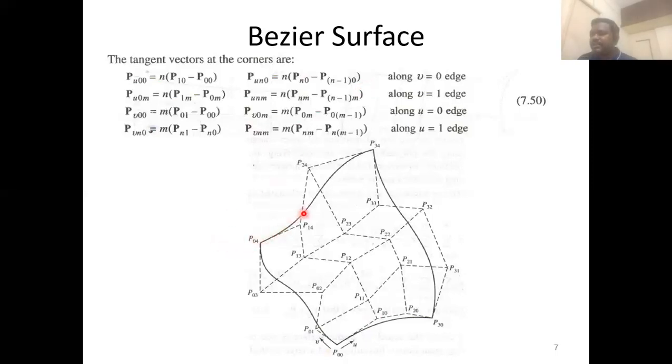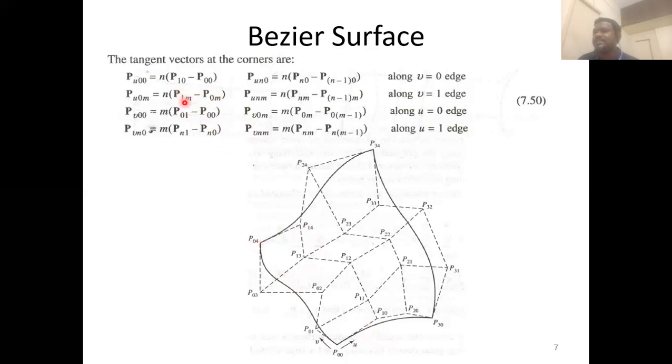Similarly, for this particular edge where V is equal to 1, what happens? P14 minus P04. This value will be the expression. It is generally written in terms of m, where m is 4 in this case. Otherwise it would have been written similar to P14 minus P04.